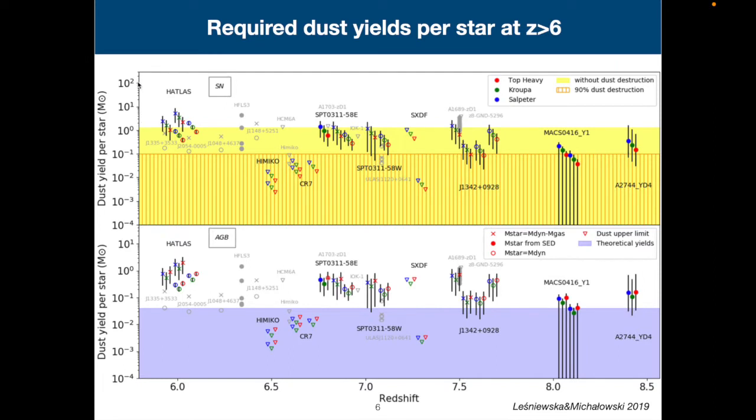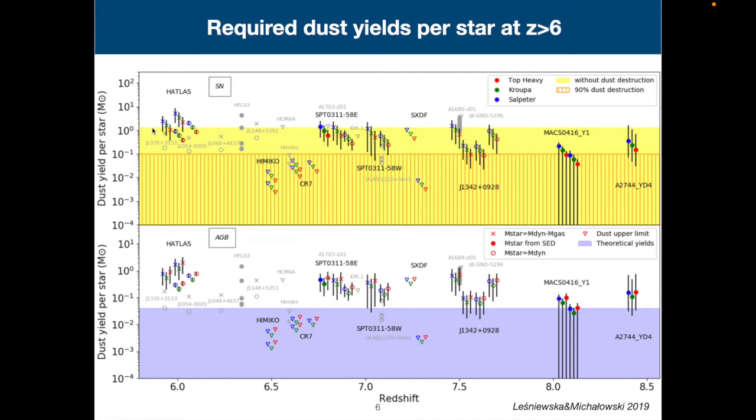This plot shows us the dust yield per star as a function of redshift. It's also divided in 2 parts. The top is for supernovae and the bottom for AGB stars. You can also see these 3 regions, and they show us the limits.